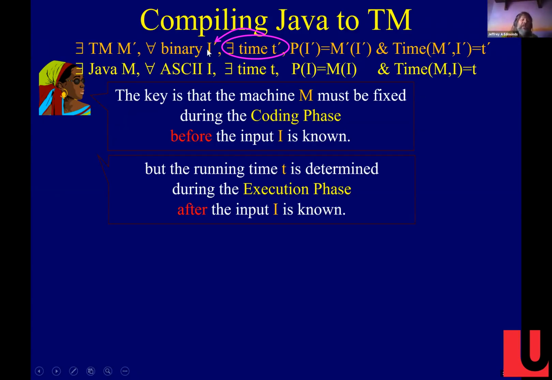There's a period of time after the input is come up with, and I did call that running time, but now I'm calling it execution phase. So execution phase is the period of time after we come up with the input. But what's running time? Running time is the length of time it takes for the algorithm to run.